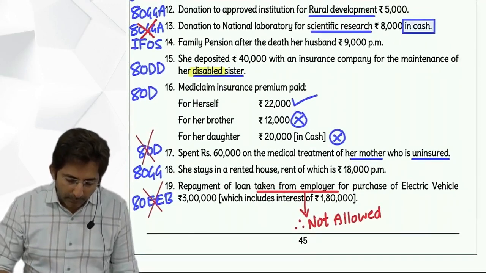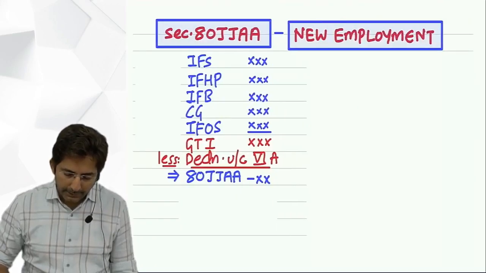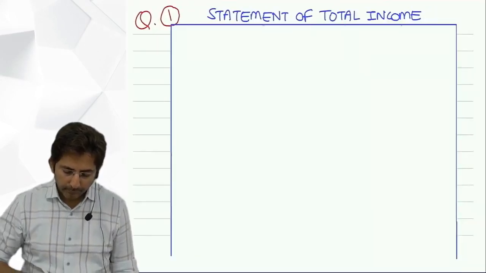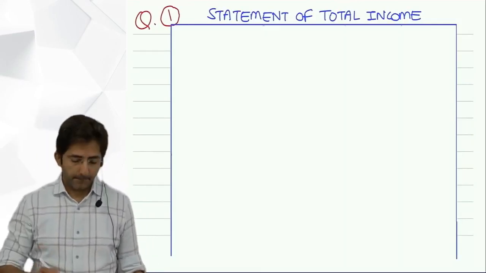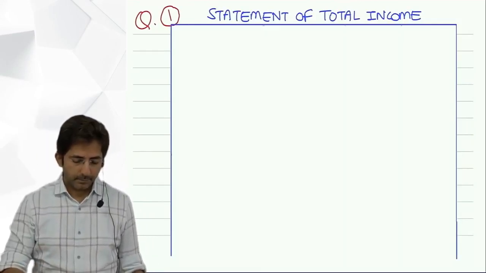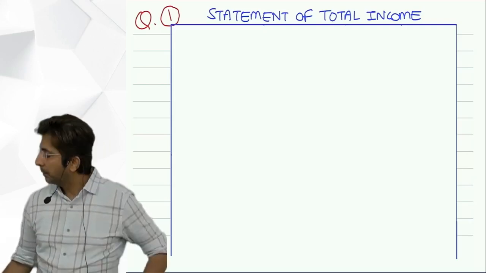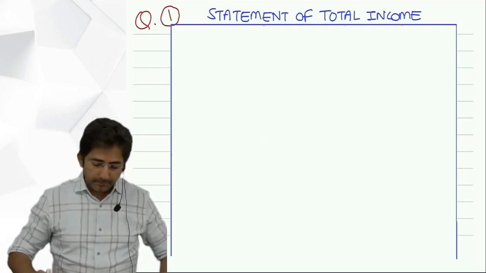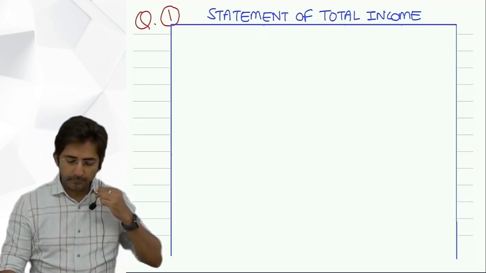So start one by one. What is the answer called? Your answer will be called the statement of total income. So ready with the statement? Statement of total income.